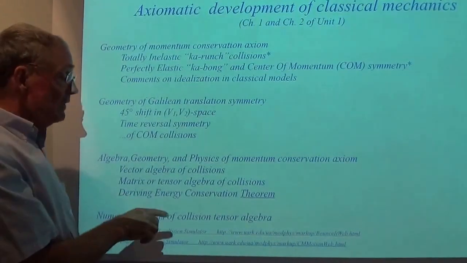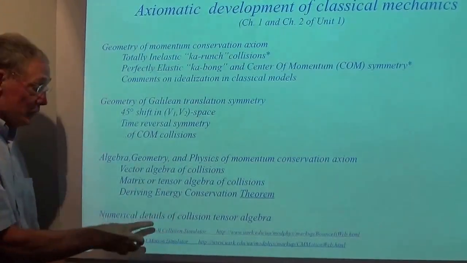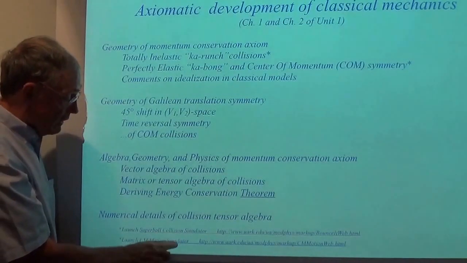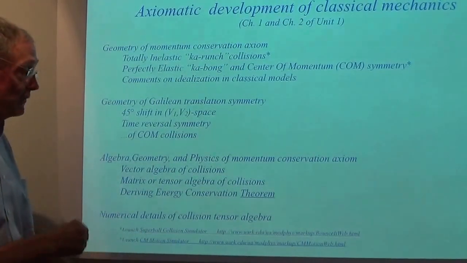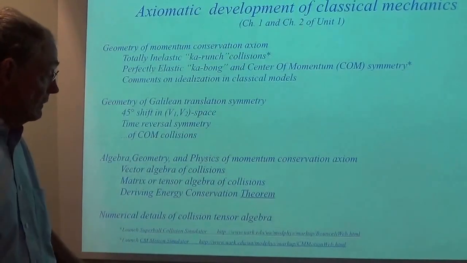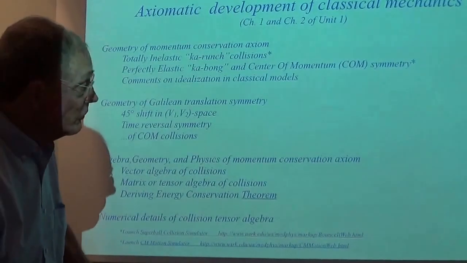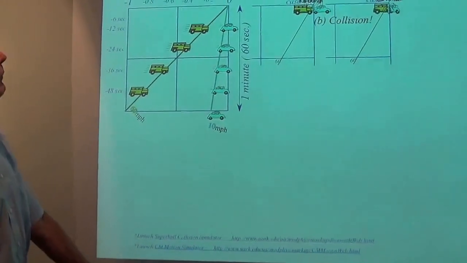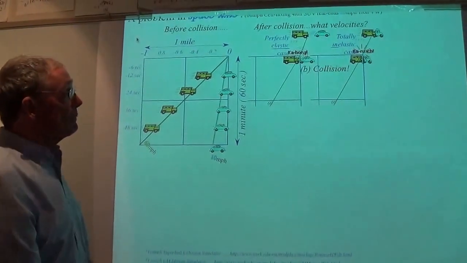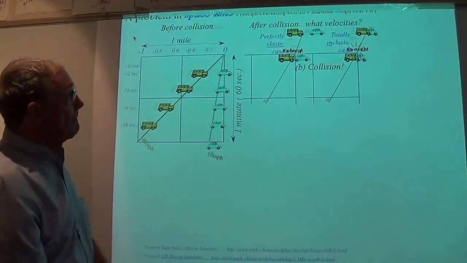Now the simulations that we're going to be using for the next 2 or 3 or 4 lectures are obtained on the web, and I'll point those out in just a minute here, at least for one of them. So here's the deal. We're dealing with a problem in space and time.